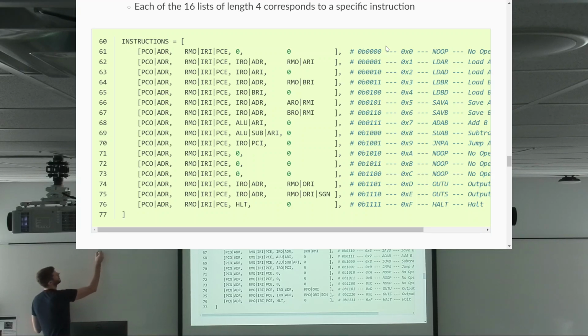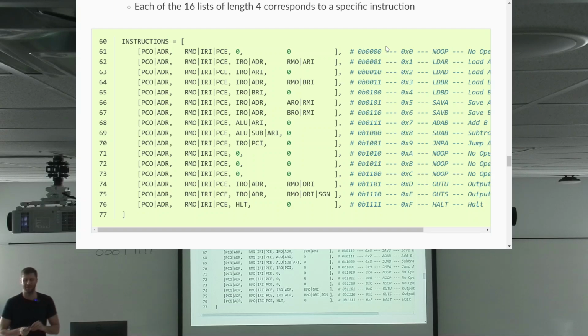Let's say the first instruction I have in my computer is this: load into A the value stored in address F. When you turn the system on for the first time, in Digital, there is a value in the instruction register. And in Digital, the value it has when you turn it on always starts at 0.